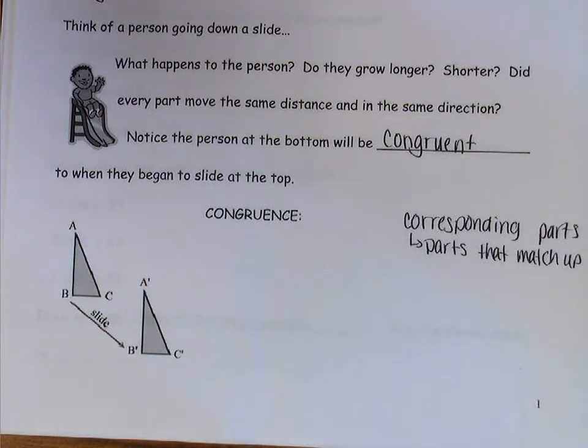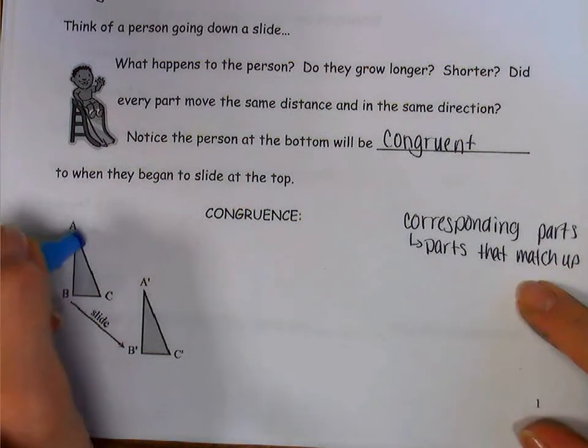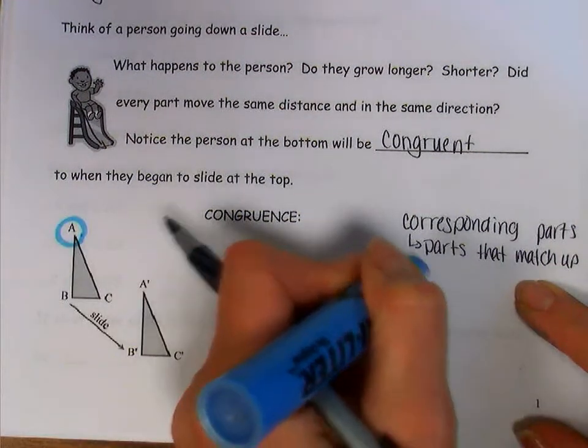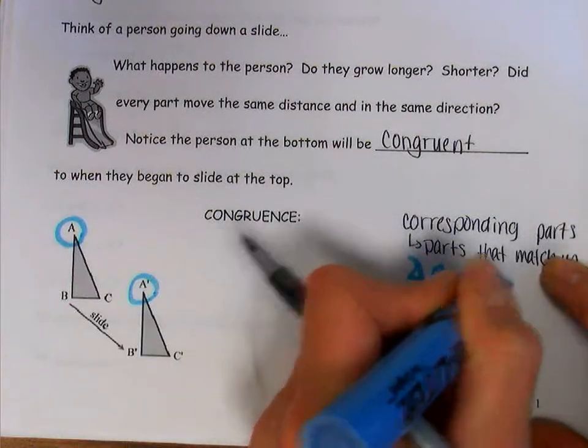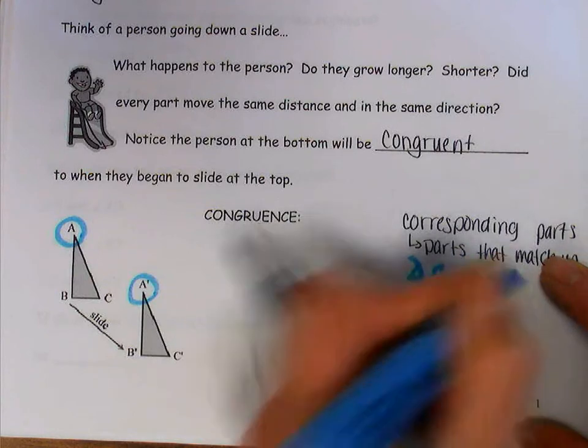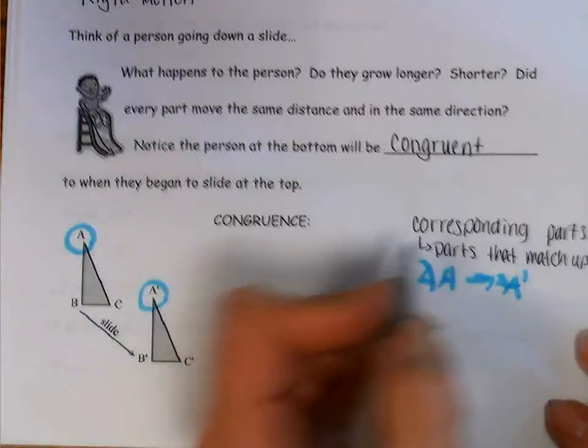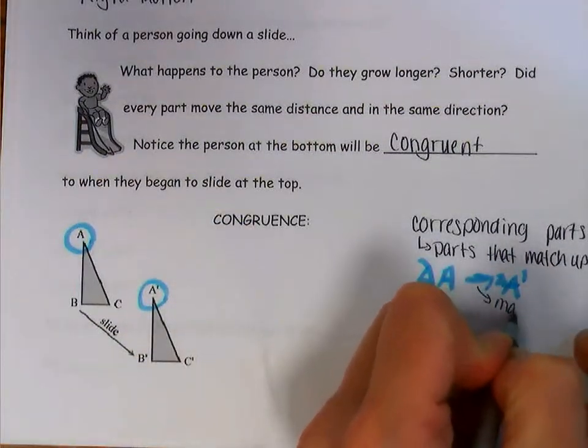For example, and we talked about corresponding parts and congruence a little bit in our discovery activity that we did in class, angle A matches up to angle A prime. And this arrow means that it maps to, or matches up to.